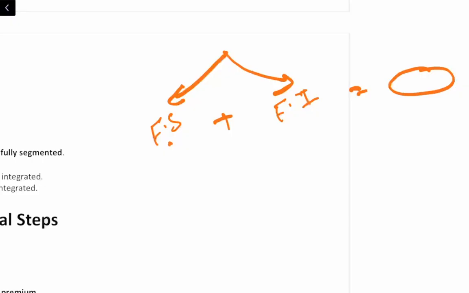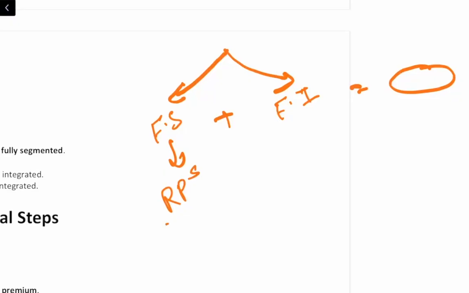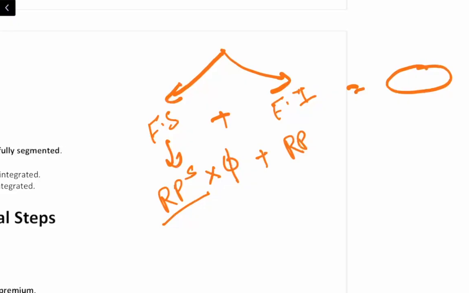So the risk premium which is coming from the segmented one, I will mention it as RPS, I will multiply it with its weight, plus the risk premium which is coming from the integrated one, I will write it as G, and then I'll multiply it with the weight, and then I'll come to the real risk premium. Clear?